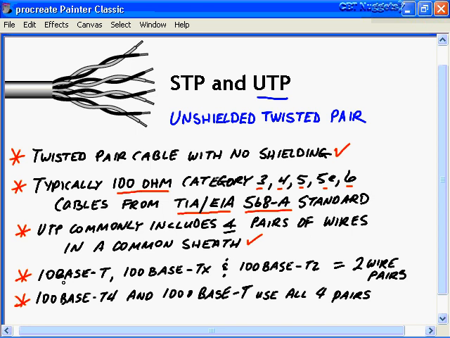Now, 10 base T, 100 base TX, and 100 base T2 only use 2 of the wired pairs in the unshielded twisted pair. However, 100 base T4, hence the 4, and 1000 base T or gigabit Ethernet are going to use all 4 pairs of wires in that unshielded twisted pair cable.